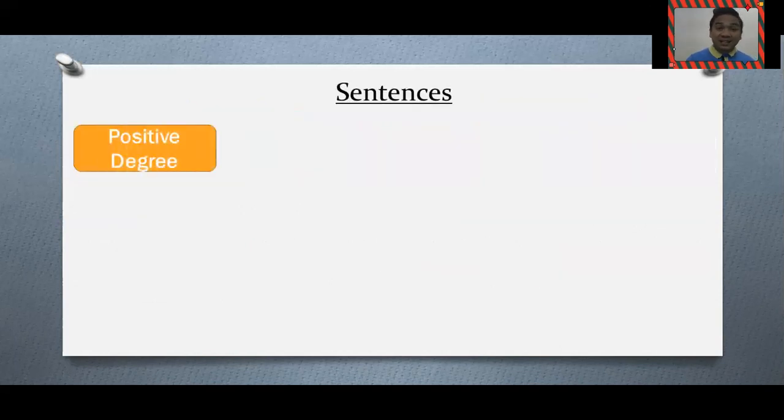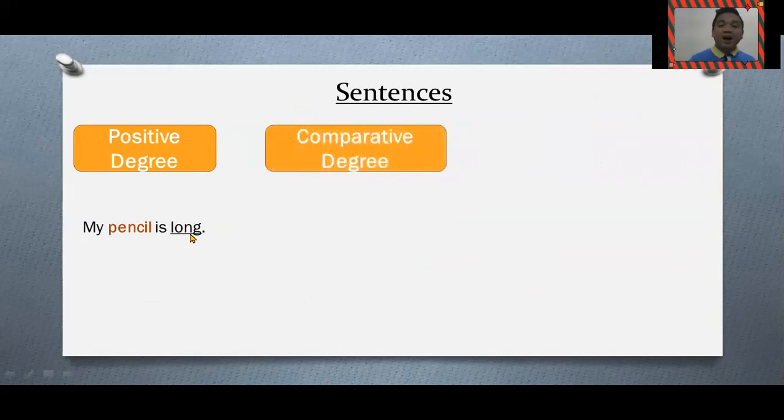So let's create a sentence. So positive degree, my pencil is long. So the adjective here is long and the noun here is pencil. My pencil is long. So this is positive, no comparison at all. However, comparative degree, remember, comparative is comparing two nouns.